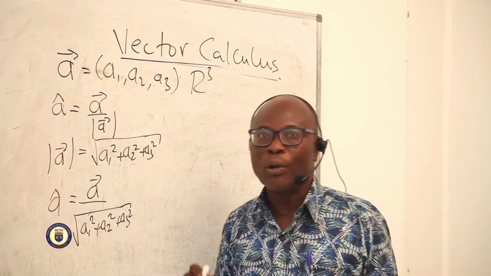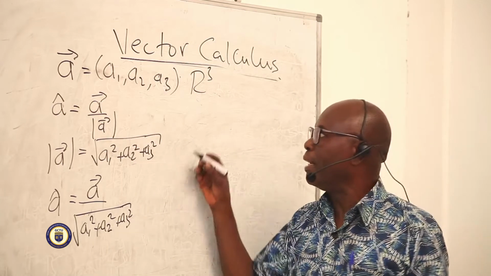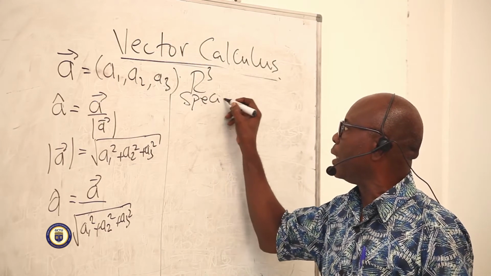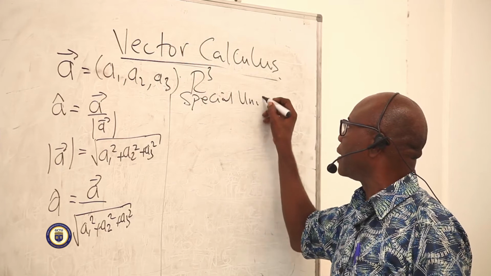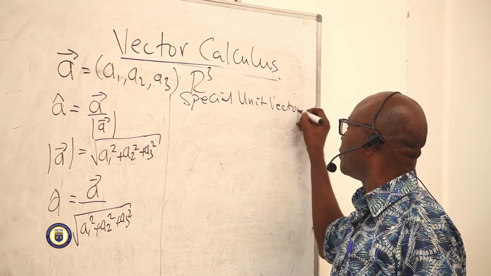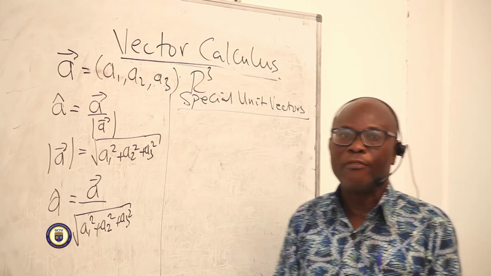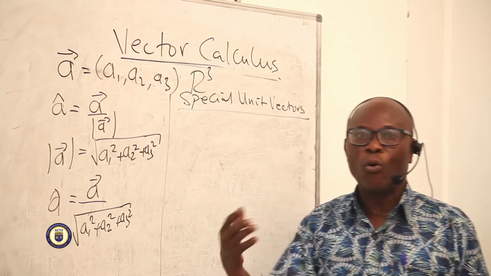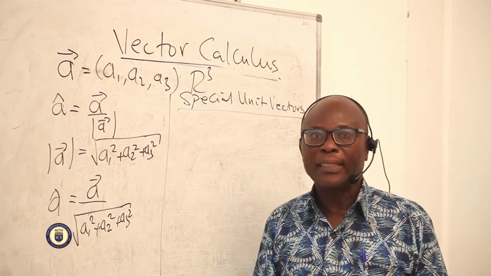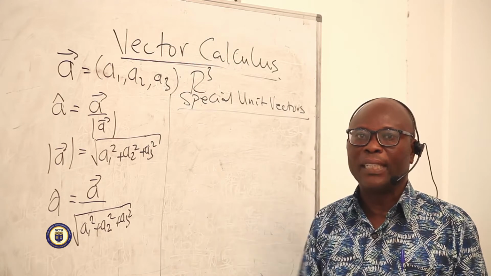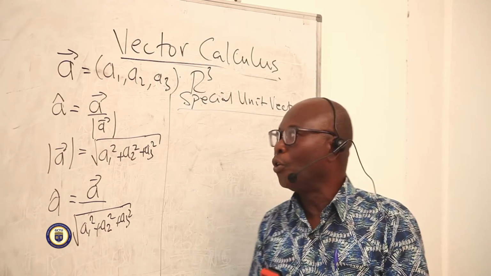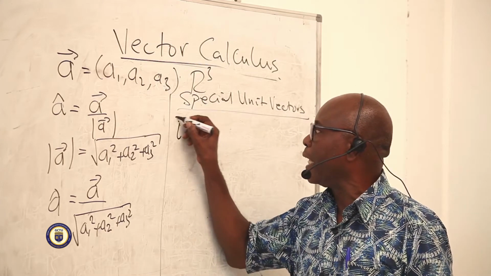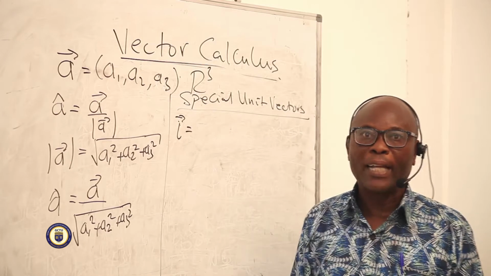So today we are going to build on this and define what we call special unit vectors. These special unit vectors are all associated with the axes. We have the OX axis, the OY axis, and the OZ axis. We define the special vector I, which acts along the OX axis.